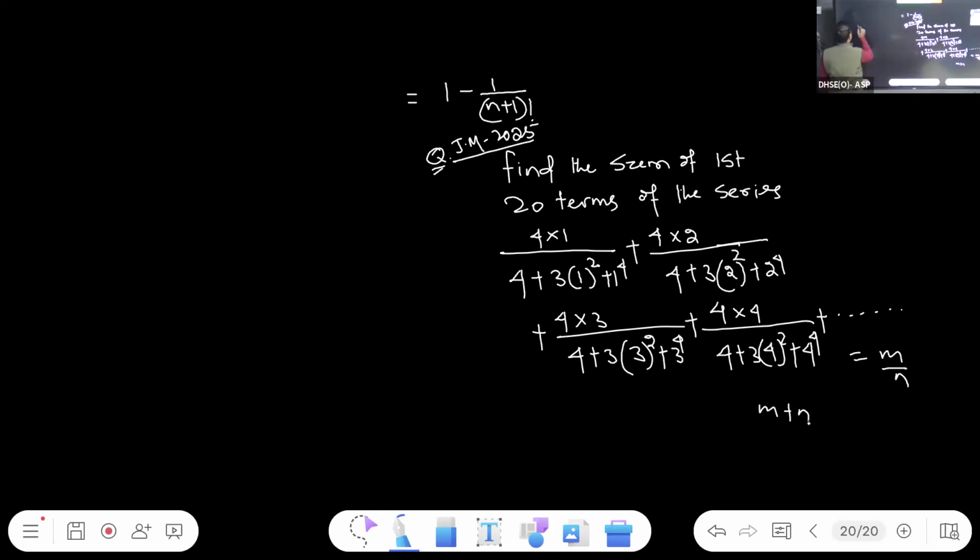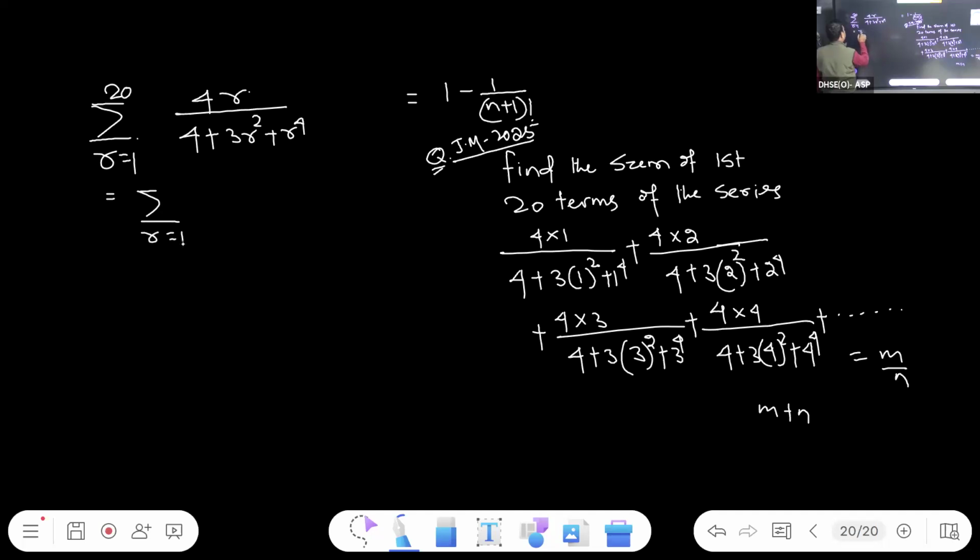The series can be written as sigma r is equal to 1 to 20, 4r upon 4 plus 3 times r square plus r to the power 4. This is equal to sigma r is equal to 1 to 20, 4r upon r to the power 4 plus 4r square plus 4 minus r square.